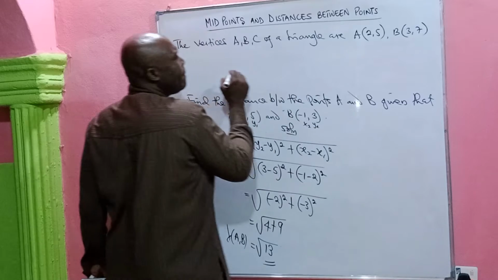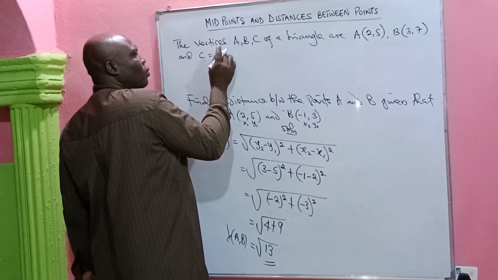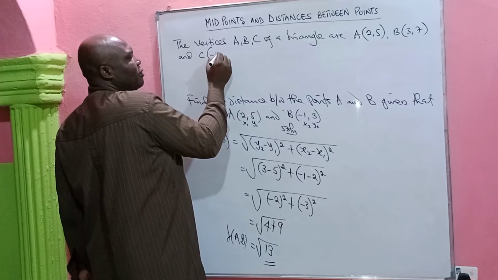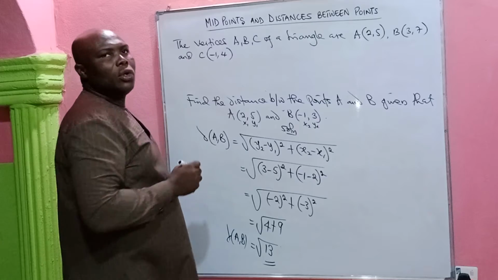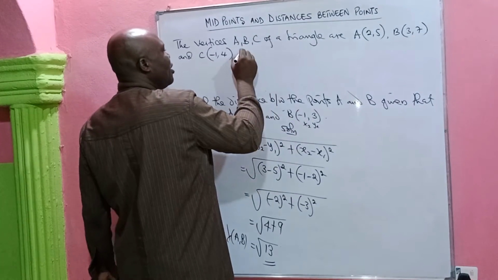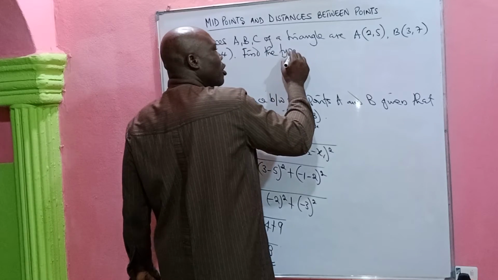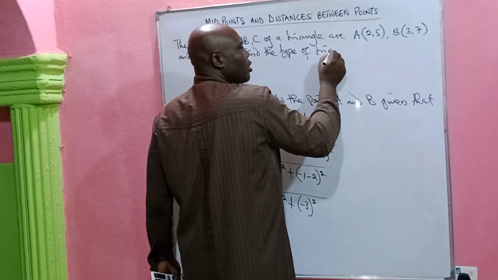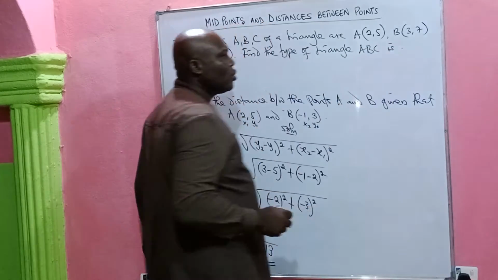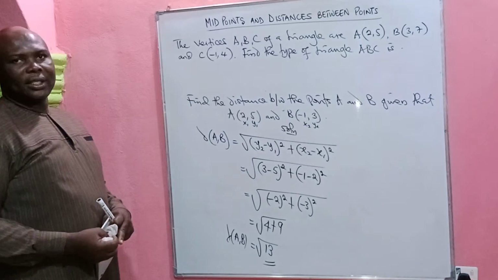And C is on the point -1 and maybe 4. Now you can be asked to find the type of triangle ABC is. All right, so we want to find the type of triangle ABC is, given the vertices of this triangle.